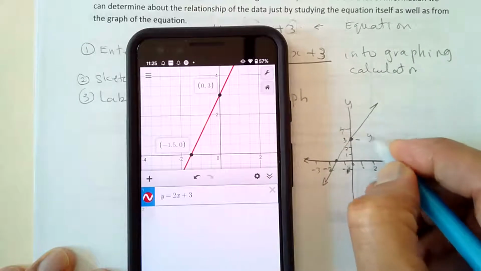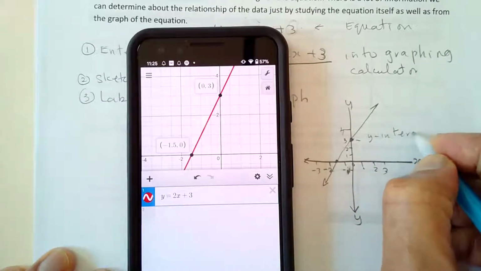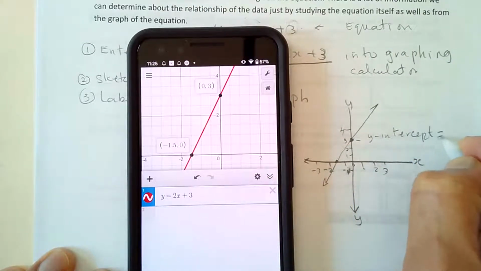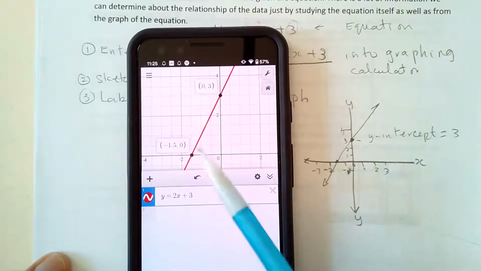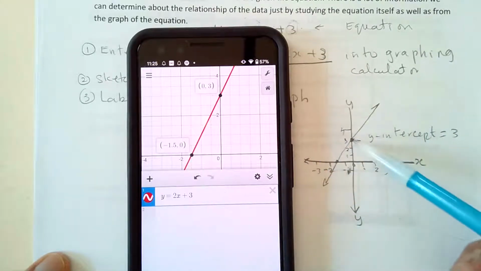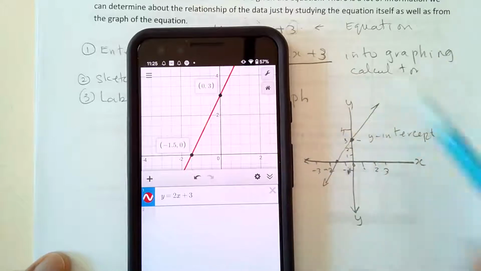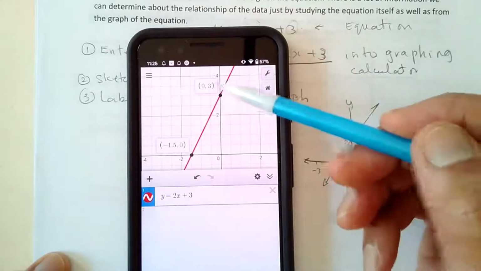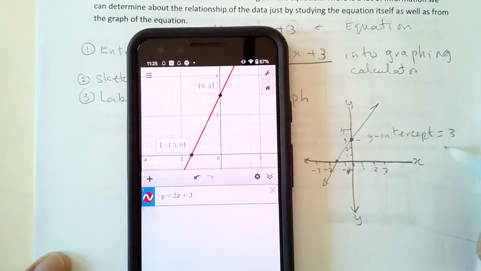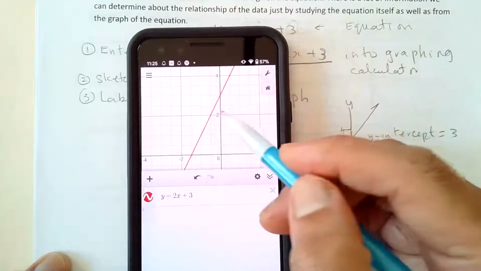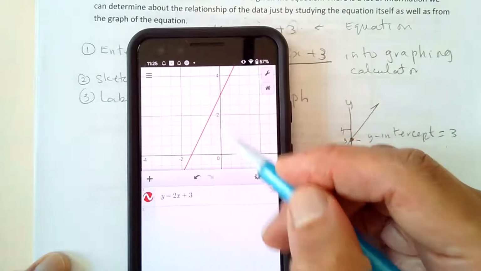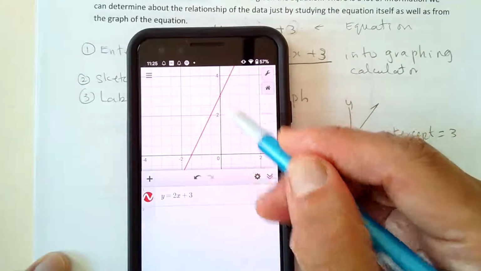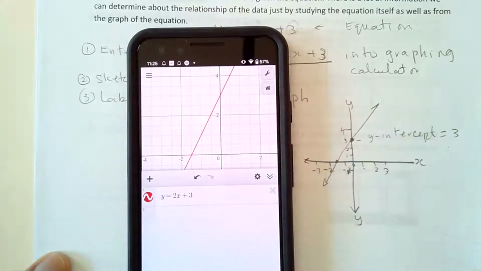So y-intercept is equal to 3. My x-intercept, now notice what happened here. X is 0. So whenever your point has x is 0, that indicates your y-intercept. For example, if I were to go to this point here, at 2, x is going to be 0. Anywhere along the y-axis, x is 0.